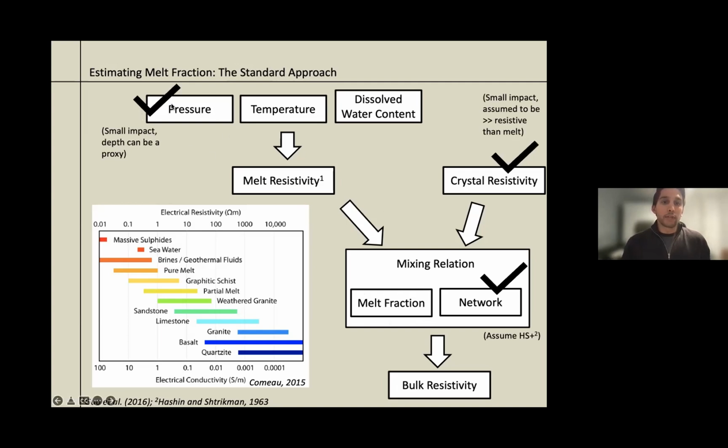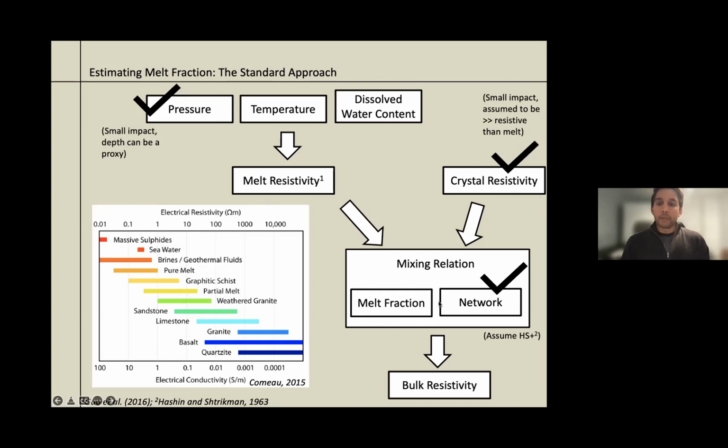We can knock down some of these variables by checking them off the list. Pressure, for example, has a small impact, and our inversion model usually has a pretty good range of depths where the feature is located, so we can use depth as a proxy for pressure. Crystal resistivity has a really small impact on the bulk resistivity because it's generally assumed to be much more resistive than the melt, so it doesn't impact the bulk resistivity too much.